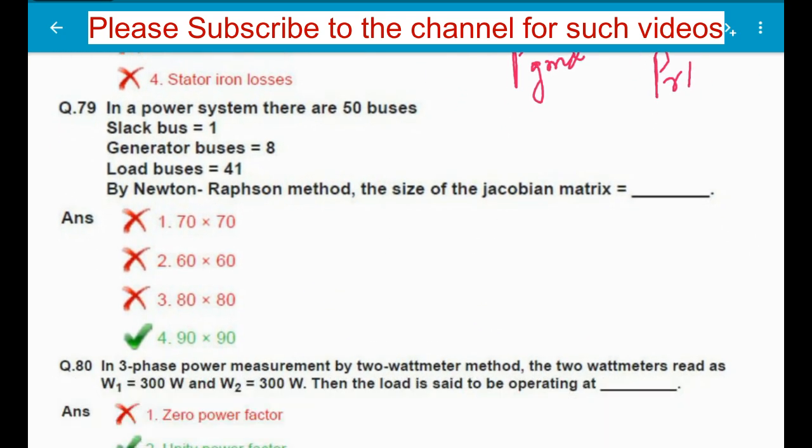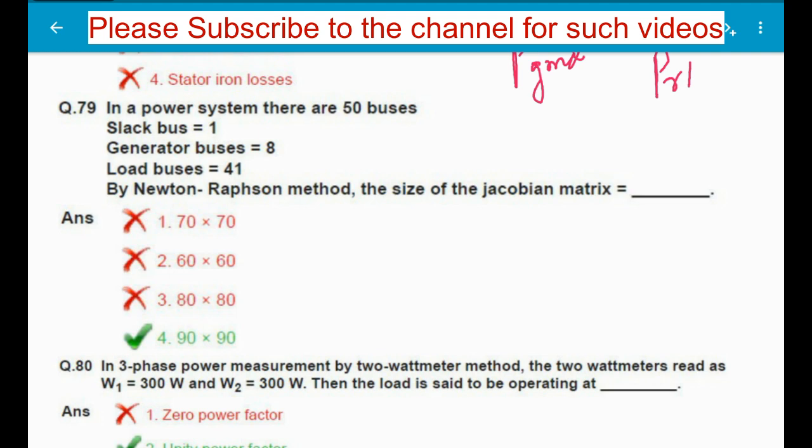79. In a power system there are 50 buses, slack bus is equal to 1, generator bus is equal to 8, load bus is equal to 41. By Newton-Raphson method, the size of Jacobian matrix is dash.